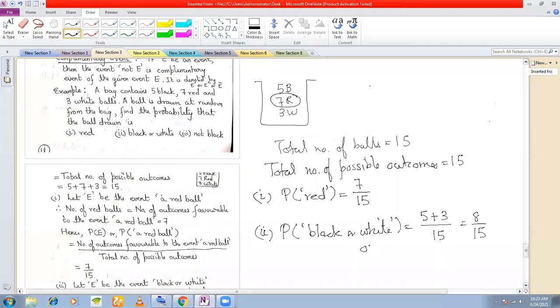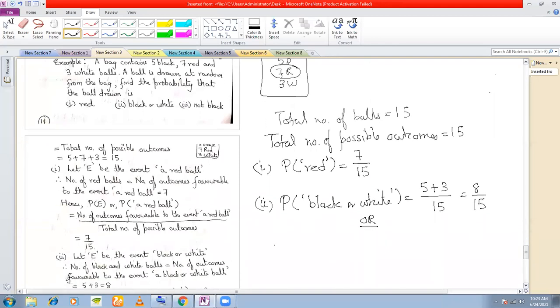Now this one you can also do with the help of complementary events. If I want to calculate the probability of a black ball or a white ball, that means this is the probability of not red ball, right? Because there are only three kinds of balls, isn't it? If I say black or white, that means I'm not talking about red. That means P(not red).